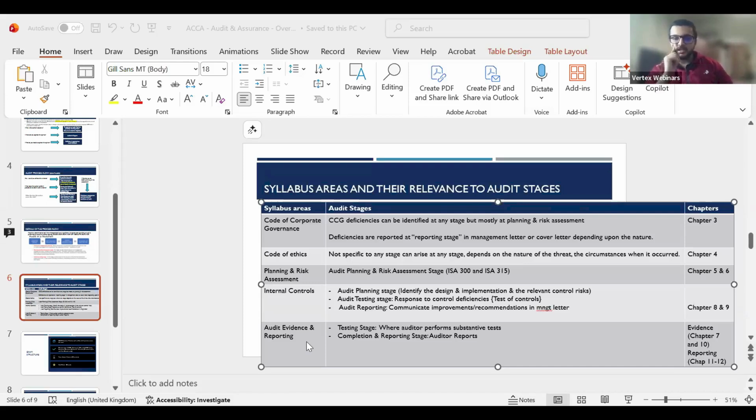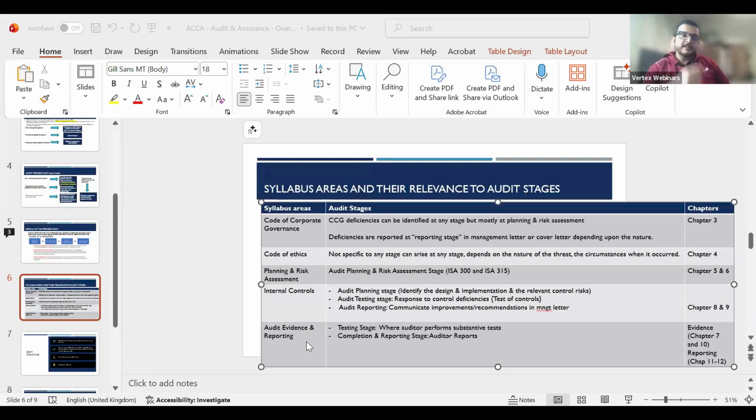The testing stage is where the auditor performs substantive tests, and chapters 7 and 10 are relevant for audit evidence and audit procedures. In the completion and reporting stage, again, the auditor's report and the audit opinions, modified, qualified, unmodified, that we did in the previous slide. Your relevant chapters are chapter number 11 and chapter number 12.